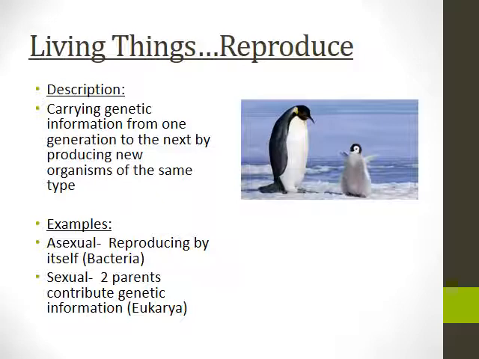These include things like bacteria. Or the organism can reproduce via sexual reproduction, involving two different parents, each of which contributes their own unique genetic information, creating a combination or hybrid of the information in the offspring. This is primarily done by all eukaryotic organisms, or organisms that have a nucleus and are multicellular.